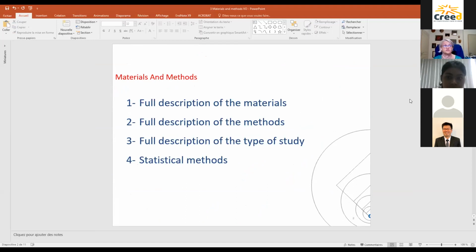Description of the type of study, and my favorite friend, the statistical methods, because you know, I'm an oceanographer, and oceanographers don't like statistics, and I'm one of them. But nowadays, we can't get away with it, so we have to use statistics. I shall talk very briefly about that tomorrow, but I encourage you to seek help from somebody who's really good in statistics.